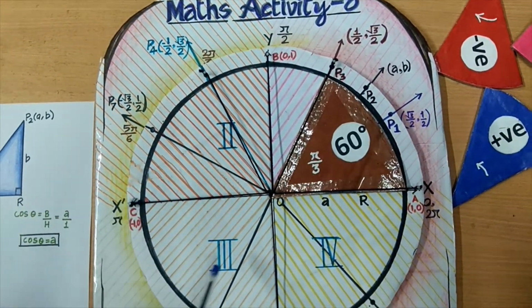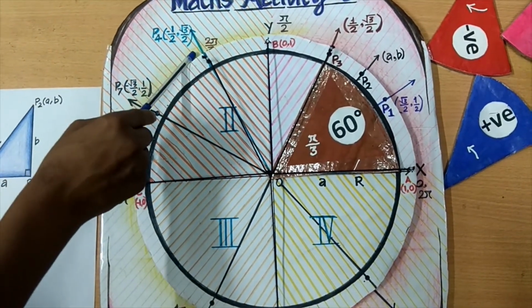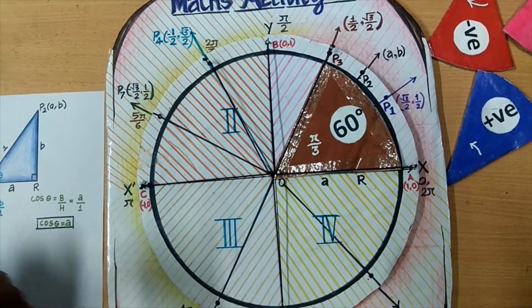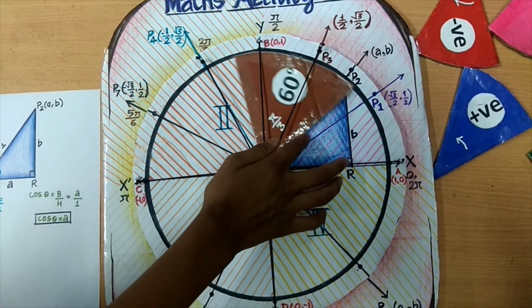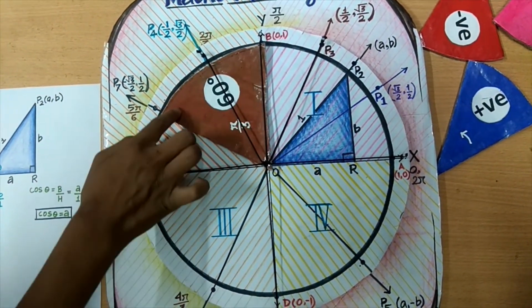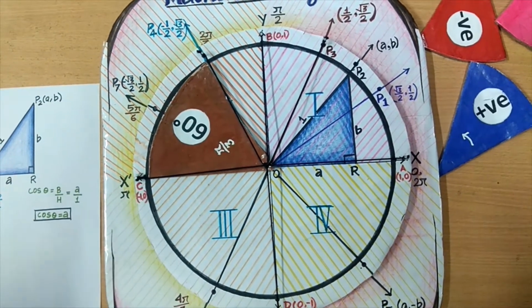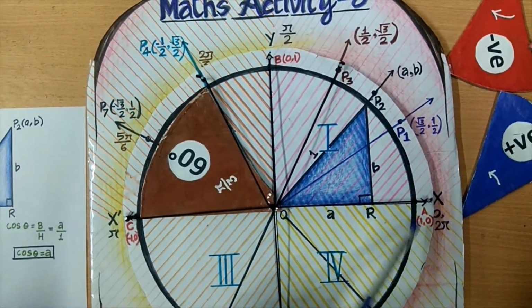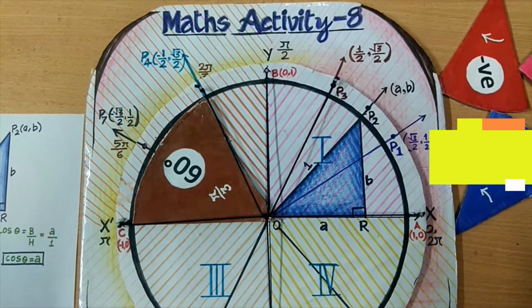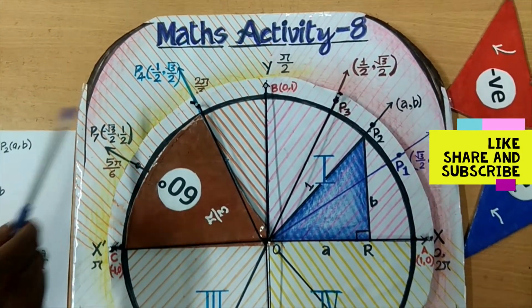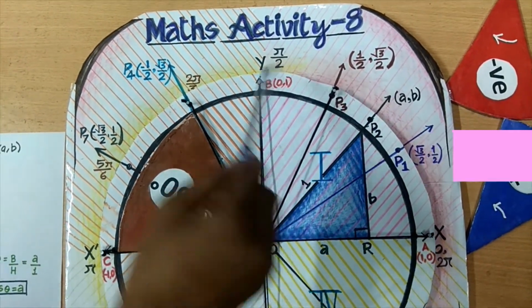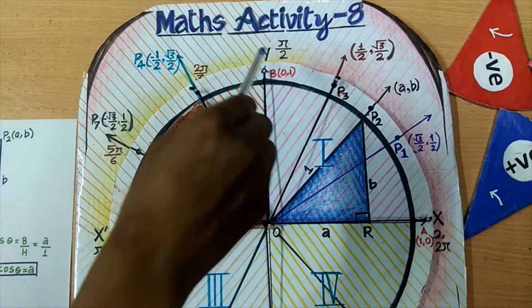Since 2 pi by 3 is equal to pi minus pi by 3, we can rotate this pi by 3 angle here towards the negative x-axis. The angle P4OA will be equal to 2 pi by 3. We can observe that point P4 and point P3 are the mirror image of each other with respect to y-axis.